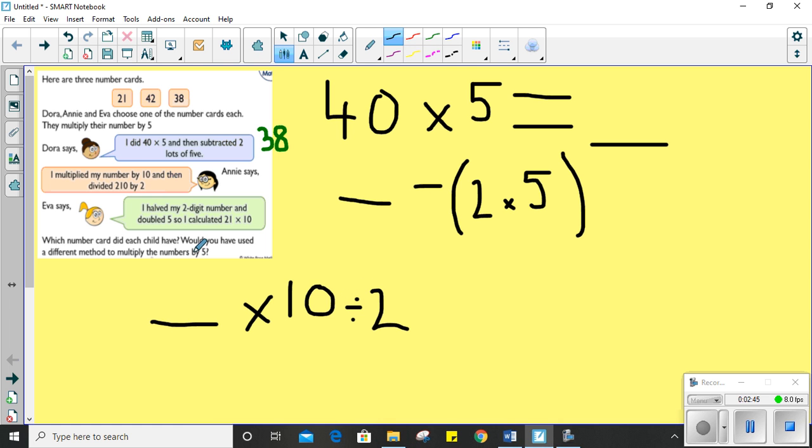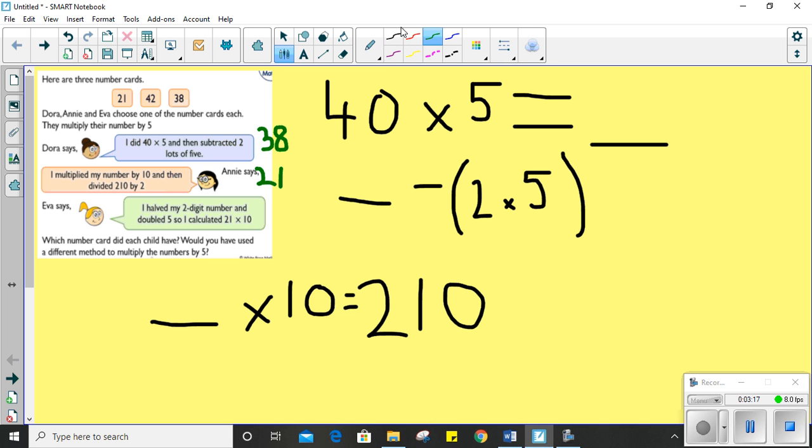So if I work in reverse, when she multiplied her number by 10, she got 210. So if I work in the inverse and I do 210 divided by 10, that should give me my number card. So 210 divided by 10, I know is equal to 21.